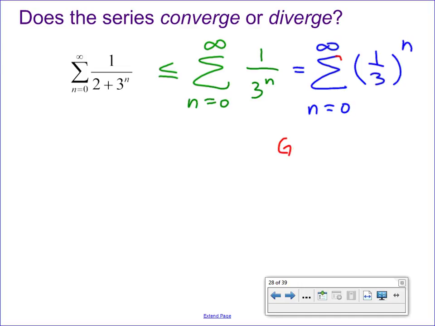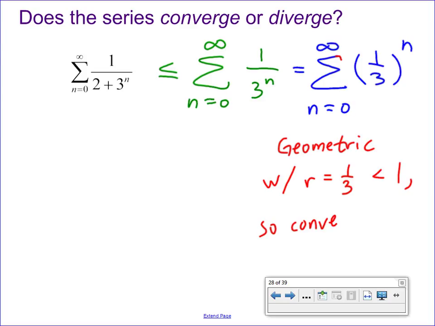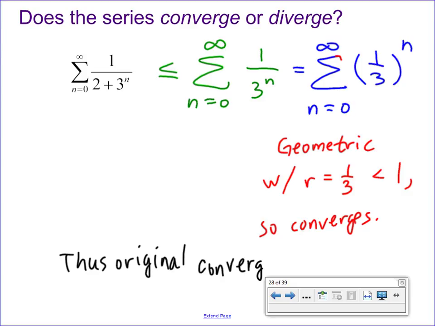This is geometric with r equals 1/3, less than 1, so converges. Thus, the original converges by direct comparison.